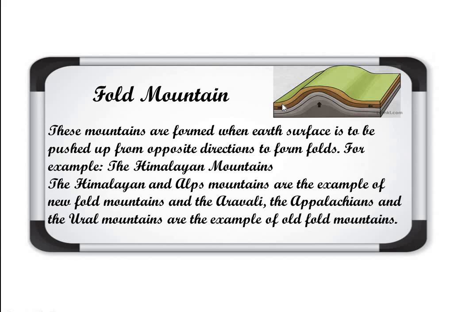They are basically rounded in shape because, due to the erosion process, the upper part has already been eroded. So these are the old fold mountains, and the new fold mountains' examples are the Himalayan and Alps mountains. So here we have done how the fold mountains are formed and their examples.